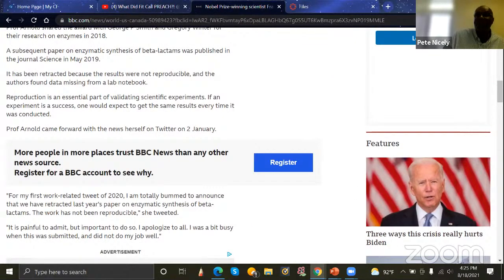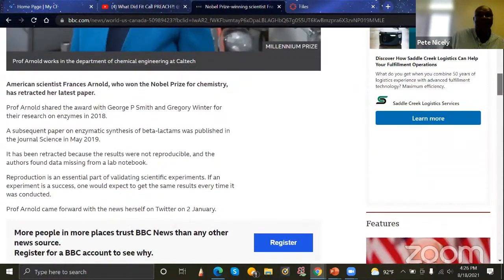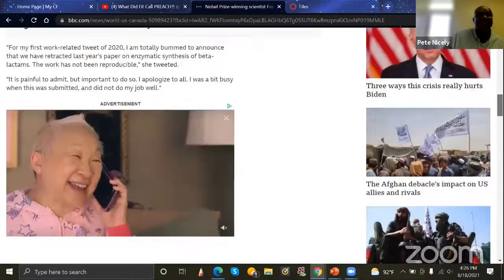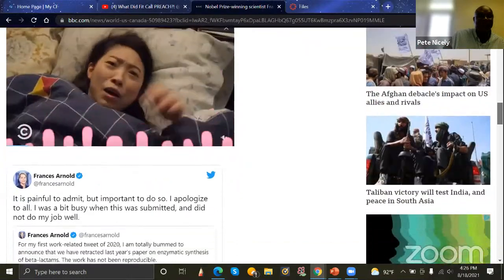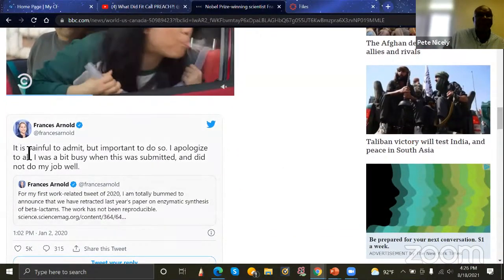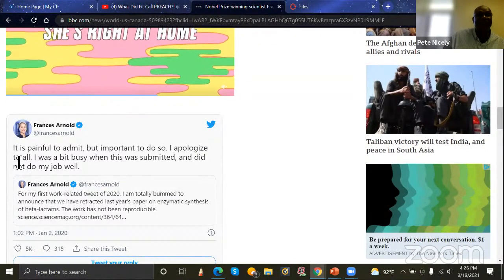So as I said before, as a result, Frances Arnold, the scientist who headed the research group that produced this paper, had to retract that paper, all right? And of course, I'm quite sure it was embarrassing for her, as she stated here: It is painful to admit, but important to do so. I apologize to all.